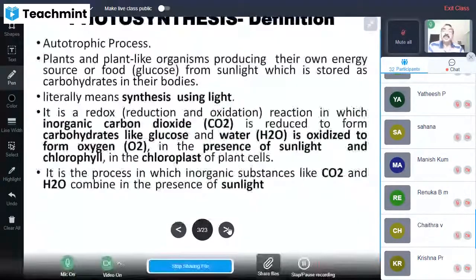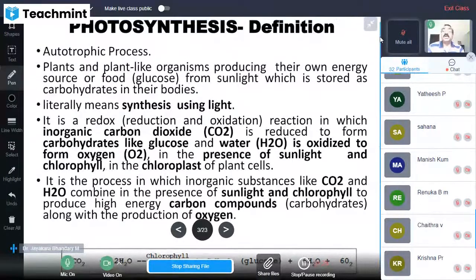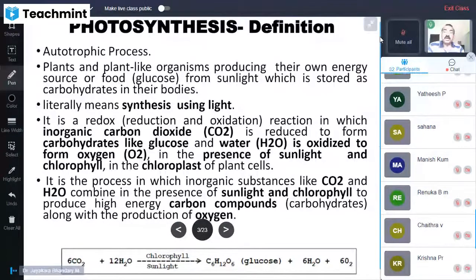Okay, now coming to the definition of photosynthesis. Of course, we have studied this already, but let me have a quick recollection. So it is a redox reaction in which inorganic carbon dioxide is reduced to form carbohydrates, for example, glucose, and water is oxidized to form oxygen.